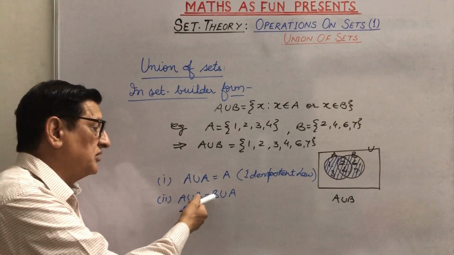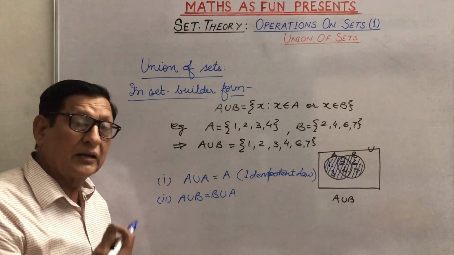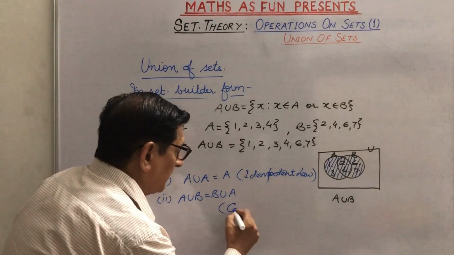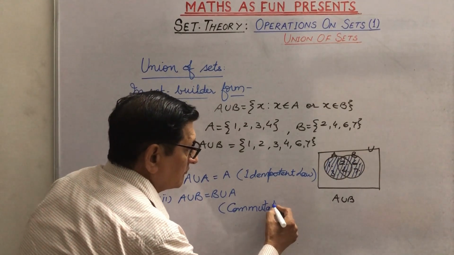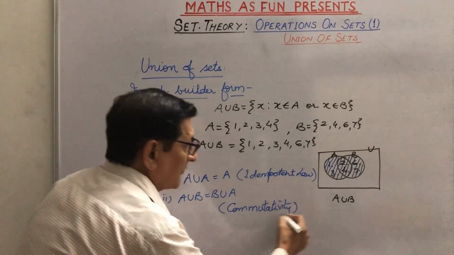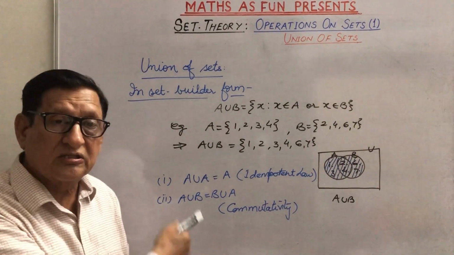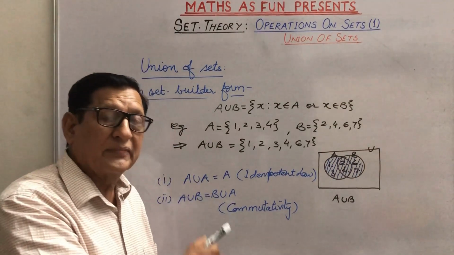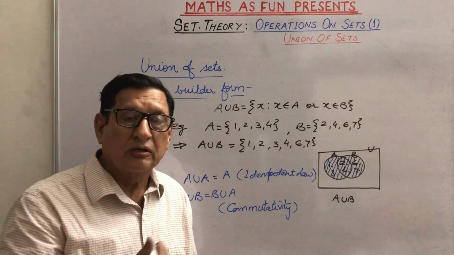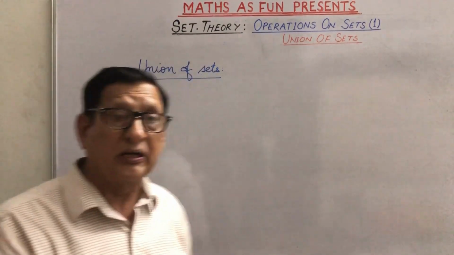So A union B is equal to B union A for any two sets A and B. And this law is known as commutative law or commutativity. So we can say that the union of sets is following the commutative law, or we say that the union of sets is commutative.